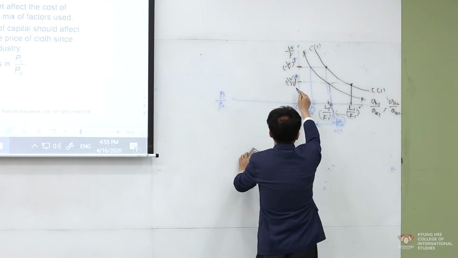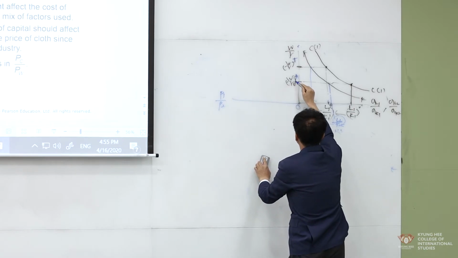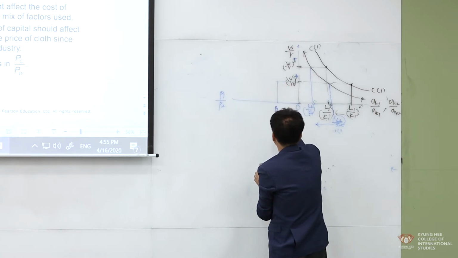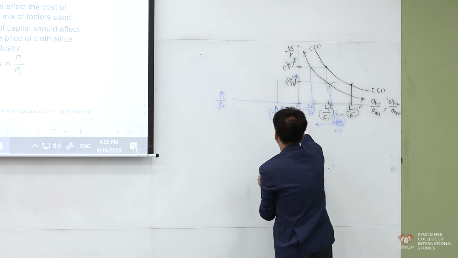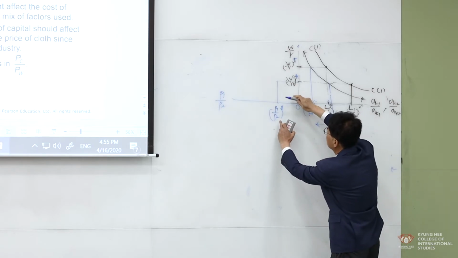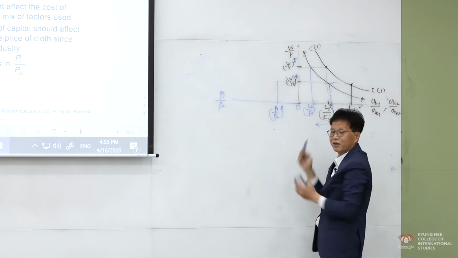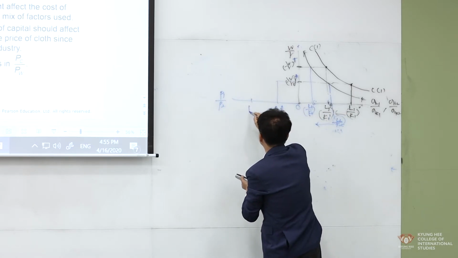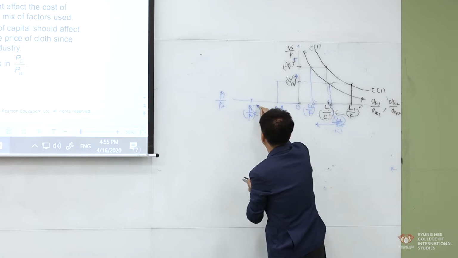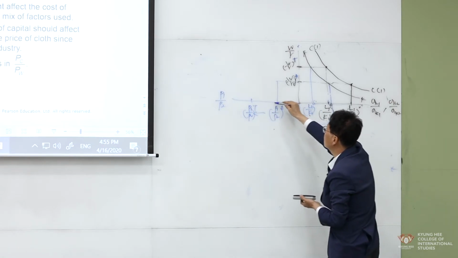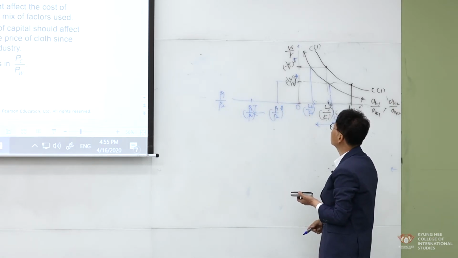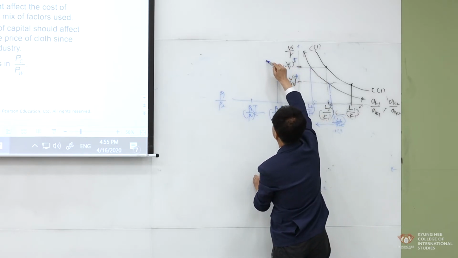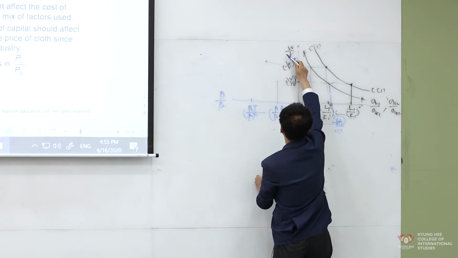In the autarky situation, the relative wage rate is W over R at A. Then P1 over P2 at A. One-to-one relationship between relative goods price and relative factor price. After that, P1 over P2 increases to P1 over P2 at T, the after-trade price, increasing from here to here. Then what happened to factor price? Factor price also increases. For example, like this.